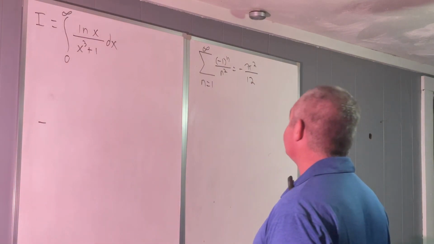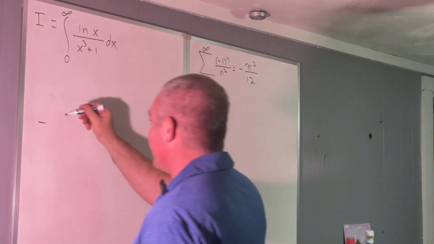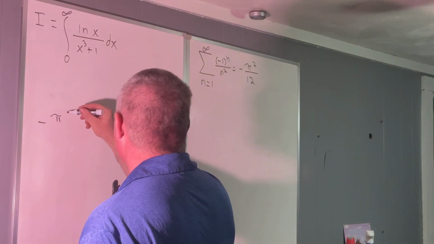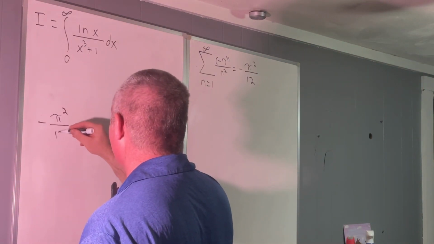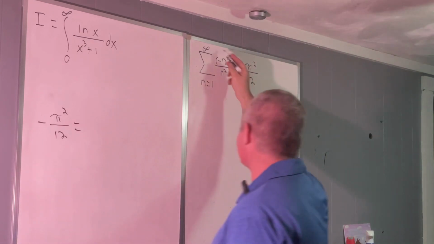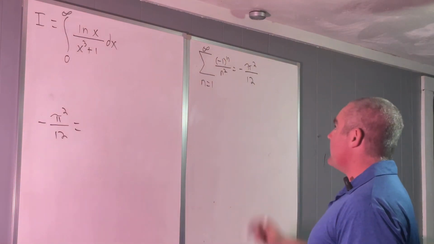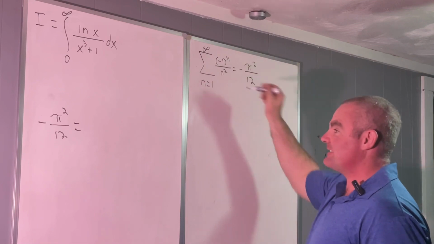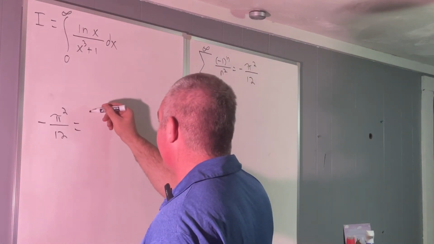All right, so we'll start with negative pi squared over 12 being equal to this thing. But we're going to write this as three separate sums. Those sums are going to be this.